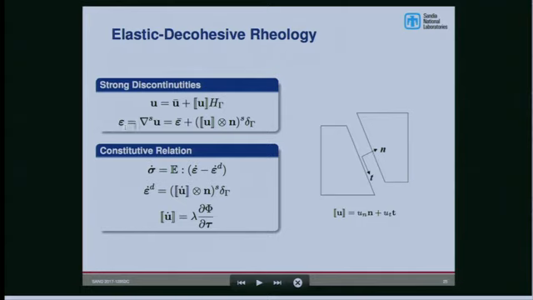Then our strain has a smooth component and then a discontinuous component. And for a constitutive relation, we have E as our elasticity tensor, and here epsilon is the total strain, and this is the decohesive strain.